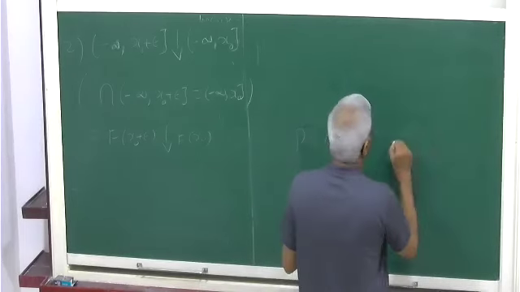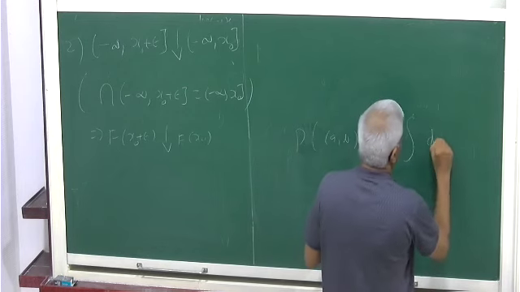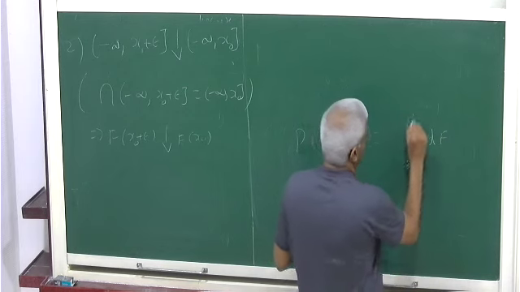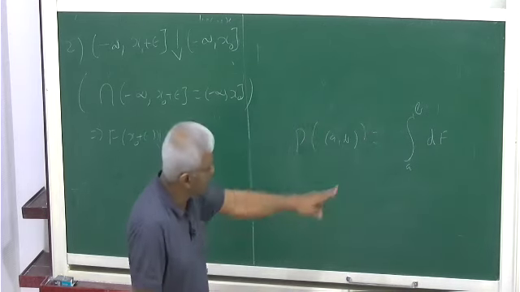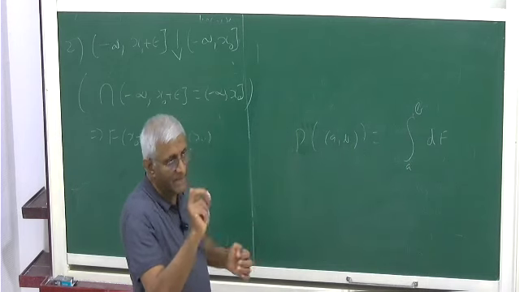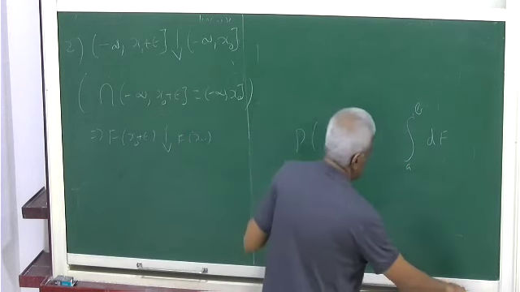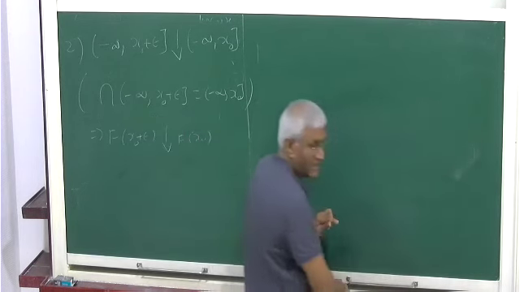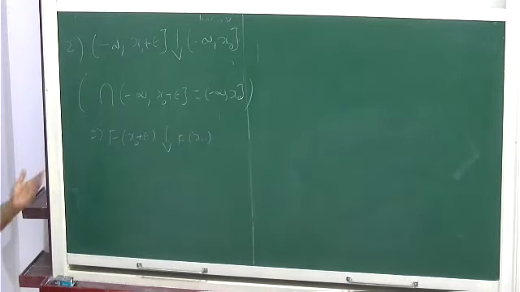This is equal to the integral of dF between a and b. You know what dF is? This is the Riemann-Stieltjes integral. Instead of b minus a, you use F(b) minus F(a), and then you use the same thing. But to make sense of any set, you need measure theory.